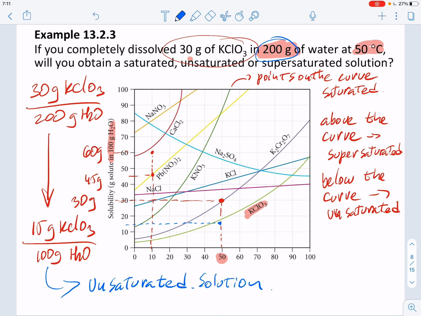In this case, to get to 100 grams of water, we divide it by 2. Okay, but it's whatever you have to do to the amount of water to make it 100, and you do the same to the amount of solute.